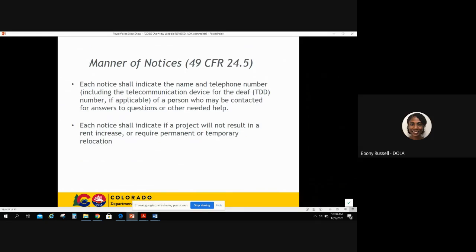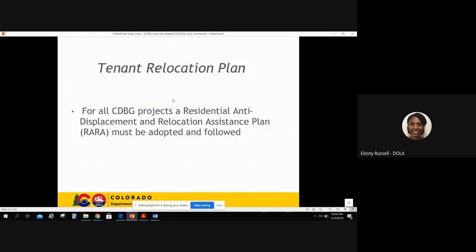And if not, give them a contact so that it can be explained to them properly. Each notice shall indicate if the project will result in a rent increase or require permanent or temporary relocation.